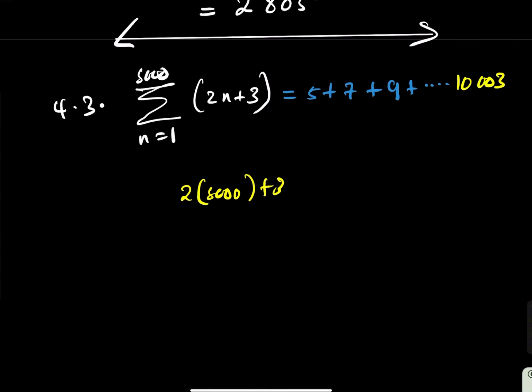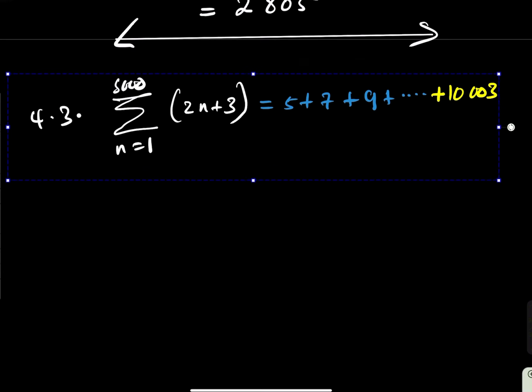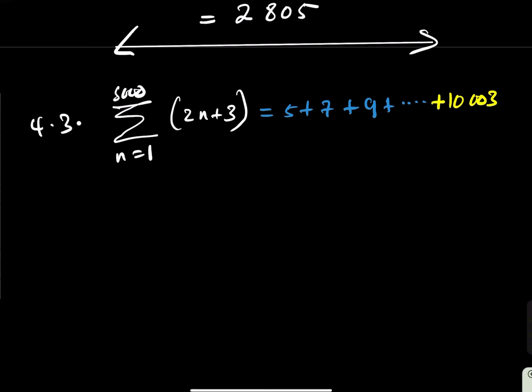But you must put a plus there to show that that is the last term. This is how you're going to do that. So they give you 1 mark for that. The first 3 terms are these ones, and the last term is 10,003 there.